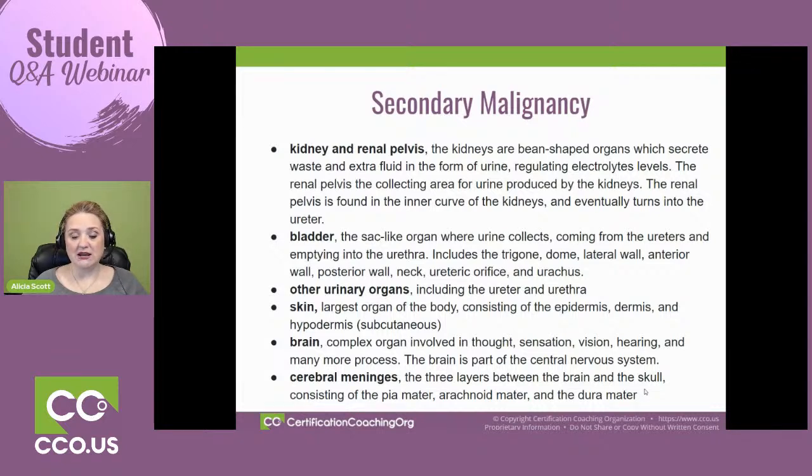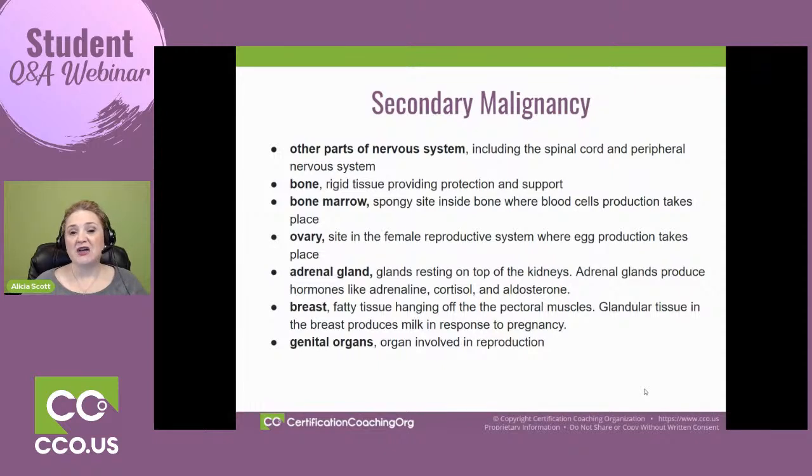We have brain cancer as well as cerebral meninges, which is those layers around the brain that protect the brain. Other parts of the nervous system, which could be the spinal cord or peripheral nervous system. You can have cancer of the spinal cord. Now, cancer of the spinal cord is different than cancer of the spine because that's the vertebra.